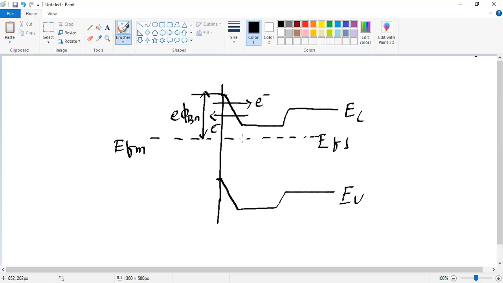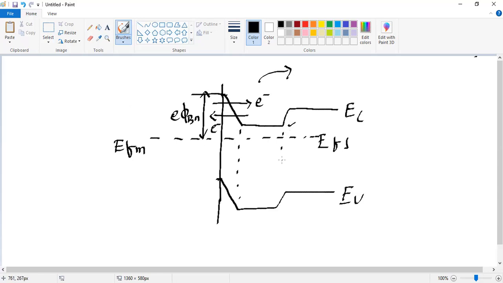Here is how it is formed: there is basically an epitaxial layer. The metal is in contact with a heavily doped region. You can see that EC, the conduction band, is very close to the Fermi energy level in this particular region.